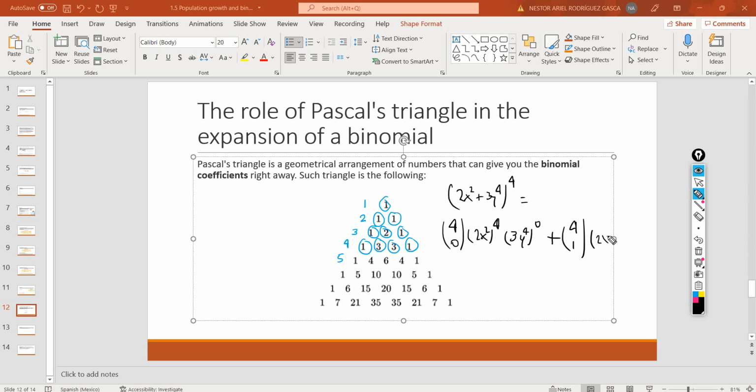Now, 2x squared to the 3, 3y to the 4, to the 1, and so on, right? Then 4 choose 2. Let me complete the whole thing quietly. Just pay attention to whether what I'm doing is right or wrong.